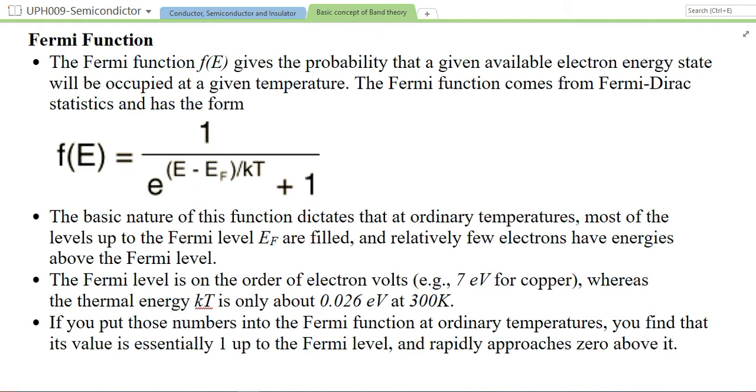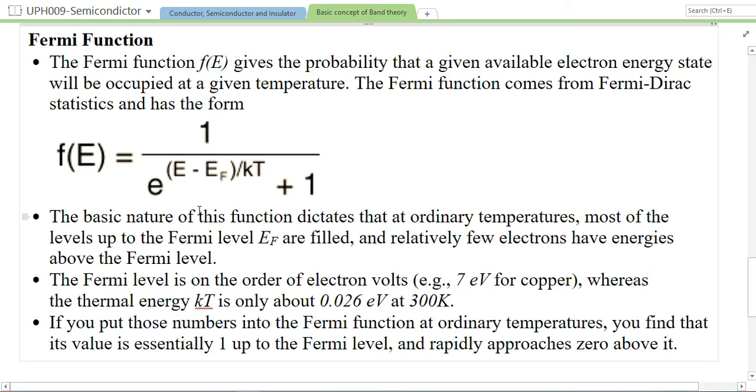So if you do statistical mechanics, that's a different subject, but we are not going to go into that. But at least remember this, that there is a function called the Fermi function. It is given by this function, which determines the probability for a fermion to be at a particular energy level given the temperature T of the system, right?